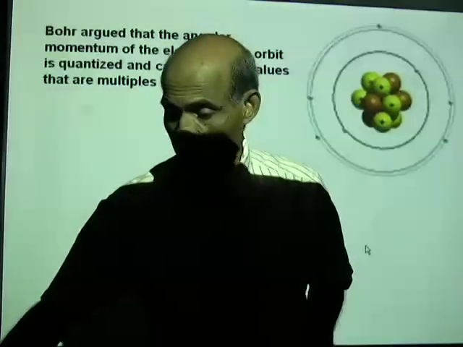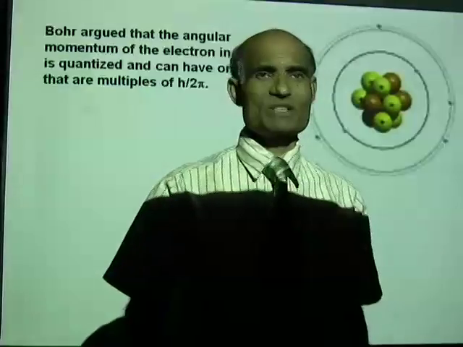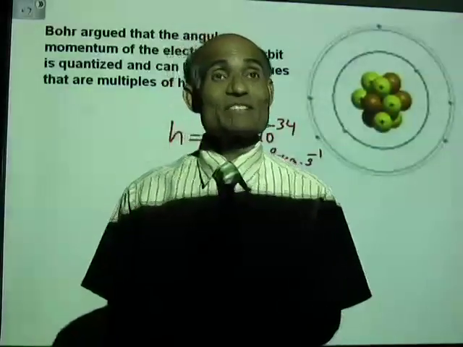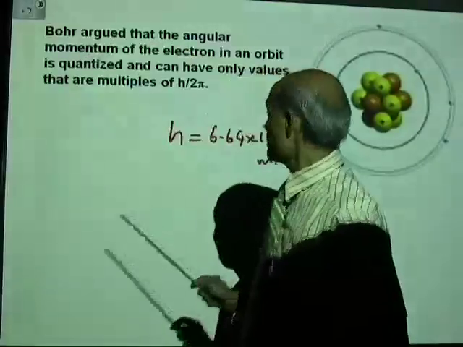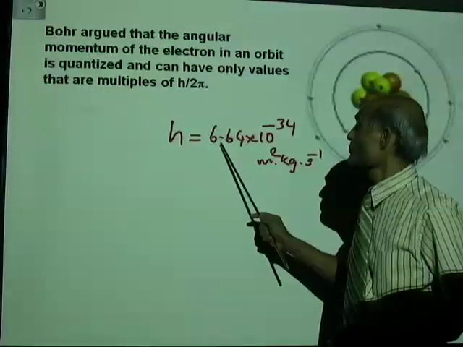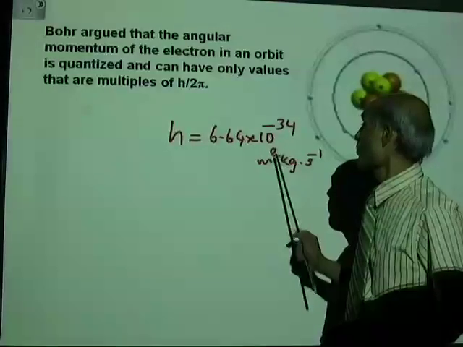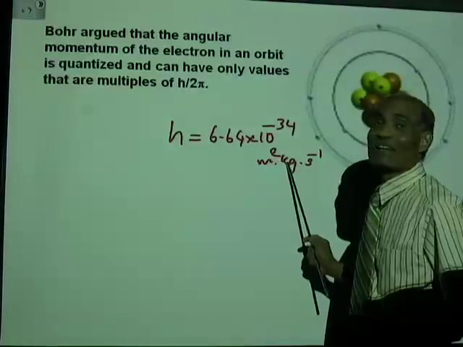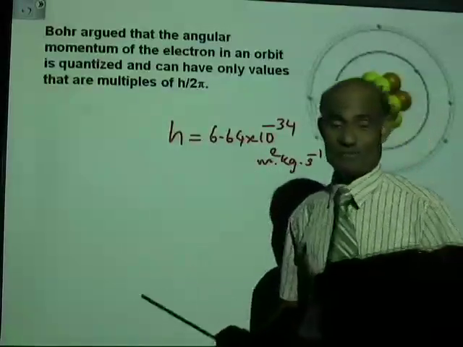Planck's constant is an important constant in nature, and it has the value h equal to 6.64 times 10 to the negative 34 meter squared kilogram per second. We will be using this very often.